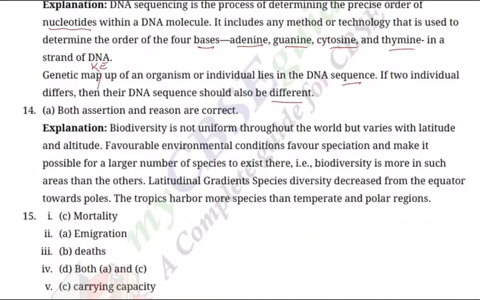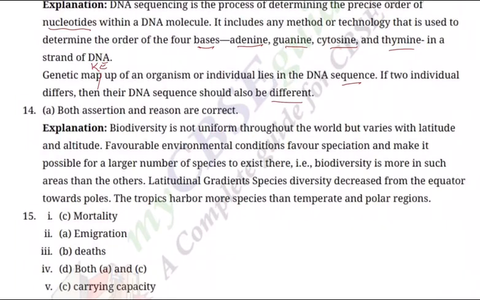Question 14. Both assertion and reasoning are correct. Why is it so? Biodiversity is not uniform throughout the world, but varies with latitude and altitude.